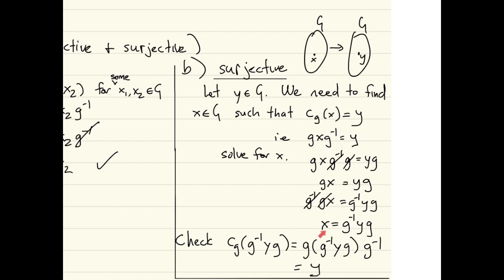And we get that x has to equal this thing. Then let's check if this value of x works. We compute the conjugation by g of g inverse y g, which is what we found x has to be. Doing that, we get indeed that the output is y. So we've shown that this function Cg is surjective.